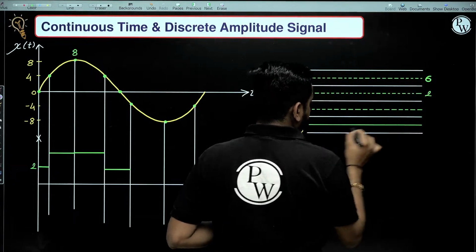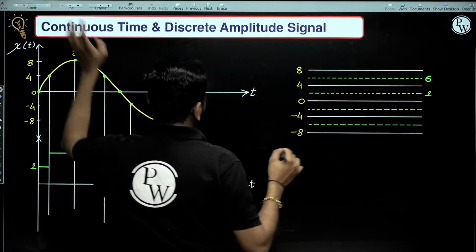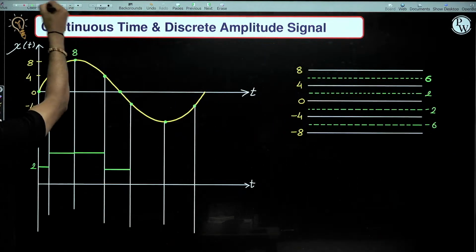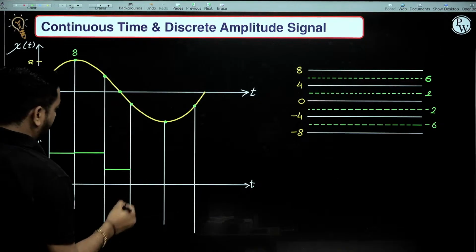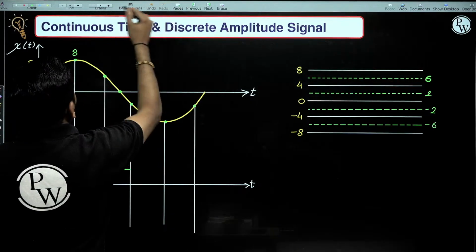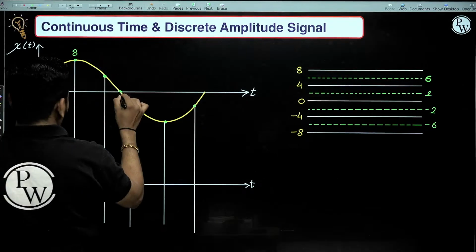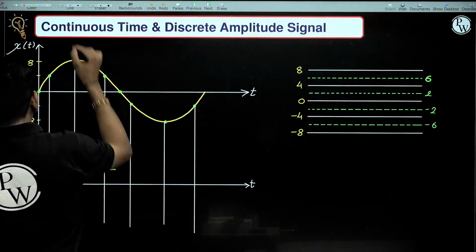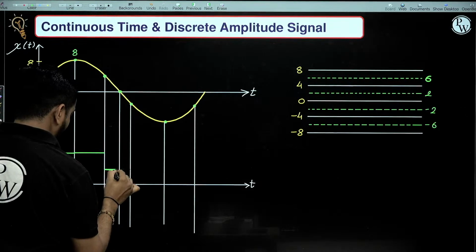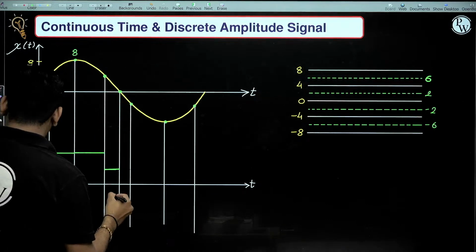This is called the quantization process, converting continuous amplitude into discrete amplitude. So whatever amplitude is present between 0 and minus 4, output is minus 2.